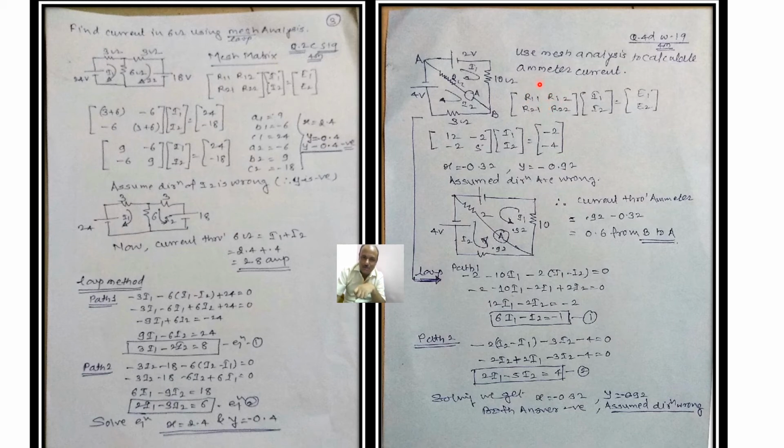And R12 and R21 is the value of resistance which is common to loops 1 and 2 only. But the only thing is that we have to take the negative sign for R12 and R21. And while traveling through this, just calculate the EMFs and finally write down here the values of E1 and E2.